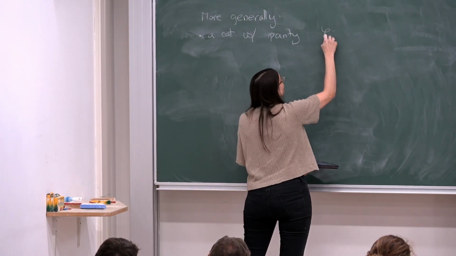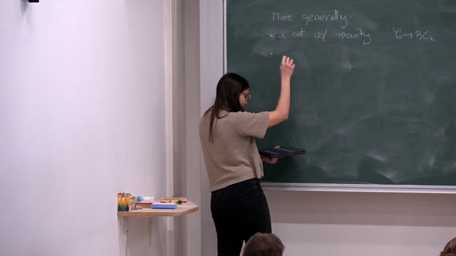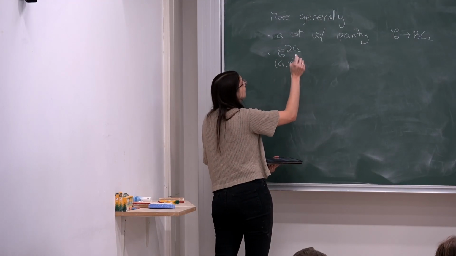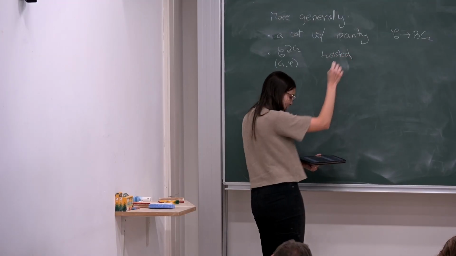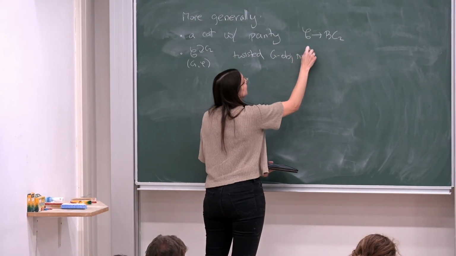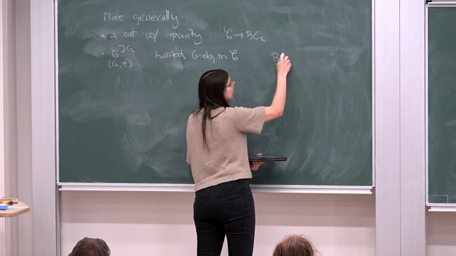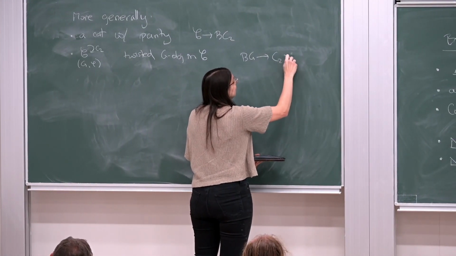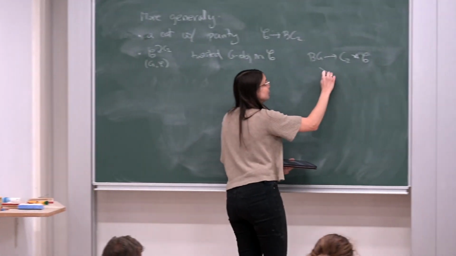So this is just a map from a category to BC2. And given a category with a C2 action and a group with parity, we can define the notion of a twisted G object in C. So this is just going to be a functor from BG to the Grothendieck construction, so C2 semi-direct product C, that lives over BC2.